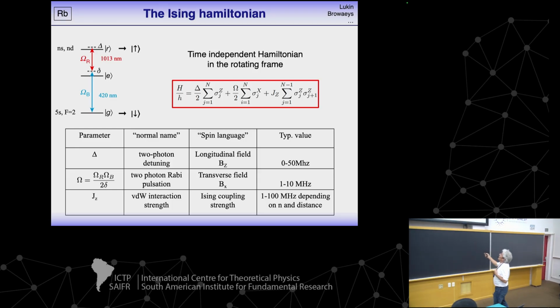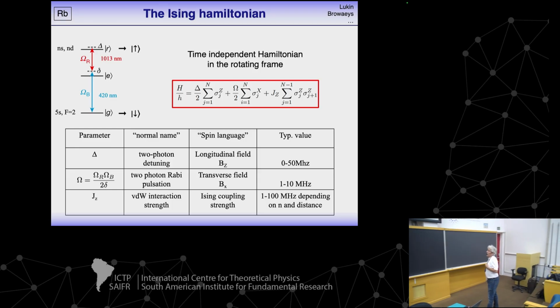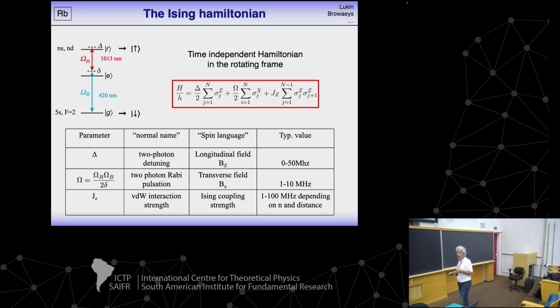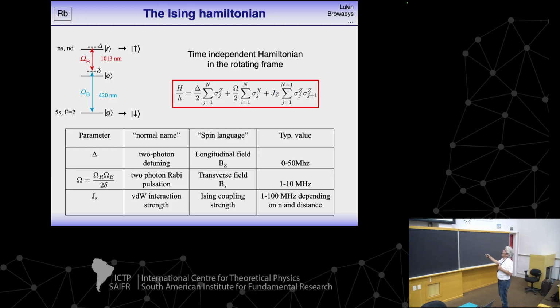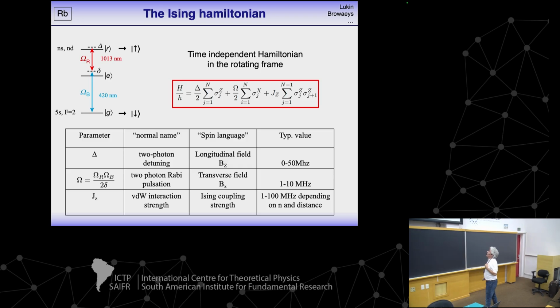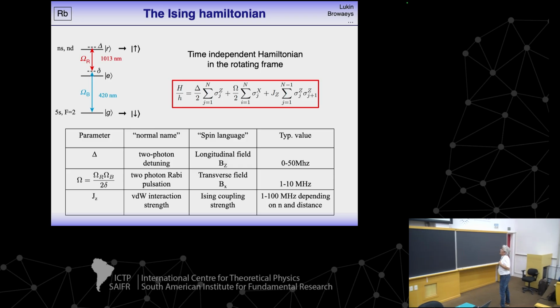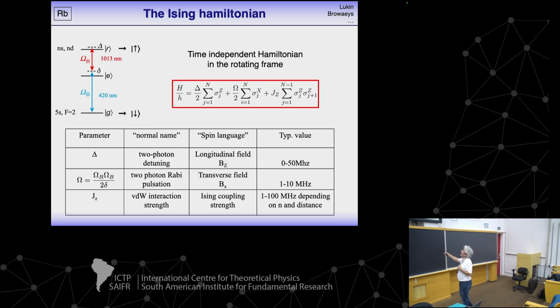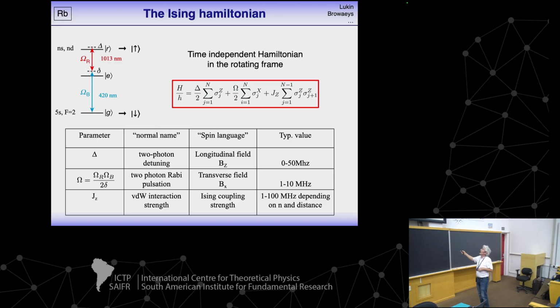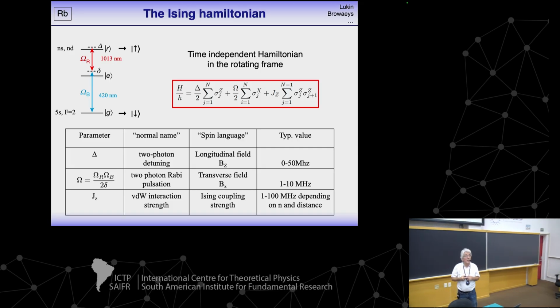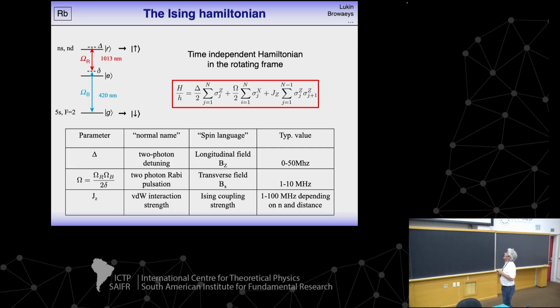Then the interaction term is characterized by the parameter Jz, which has the form of a C6 coefficient divided by the sixth power of the distance between the atoms. And then Ising corresponds to a product of sigma z of the two spins. Here I just consider the Hamiltonian written in a kind of linear chain with just next-neighbor interaction, but this generalizes easily to higher dimensions.